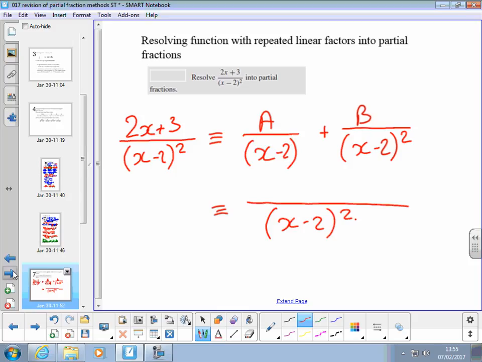Yeah, so it's just B that side, because we hadn't multiplied that by anything. What do we have to multiply that by to make that denominator (x minus 2) squared? So over this side we've got A(x minus 2) and a plus in the middle.